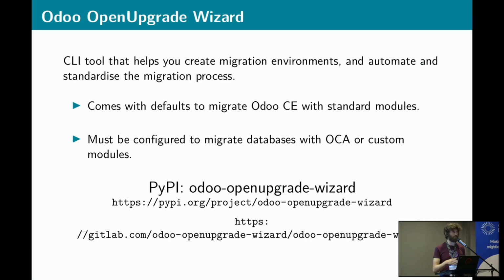But if you have OCA modules or custom modules, it's totally usable. That's the way you use it. We use it, but you will need to configure a bit to make it work. We'll see later what you have to configure.